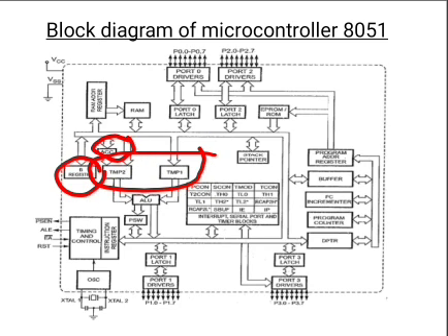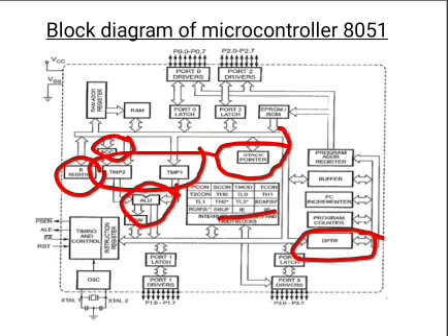It also has the ALU, arithmetic and logic unit, the stack pointer and special function registers, and also the data pointer, PC program counter and program address register. Here we have the timing and control unit and the instruction register.